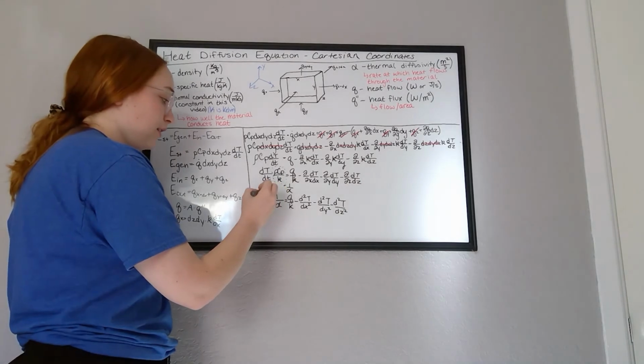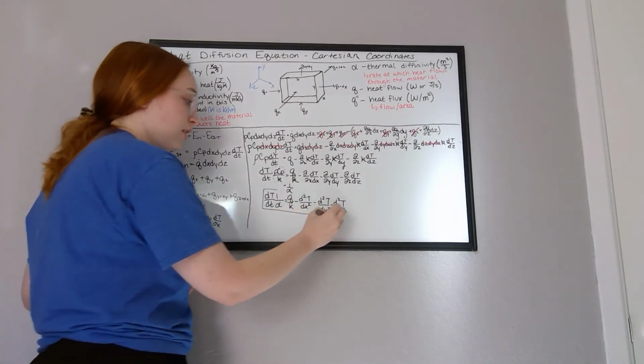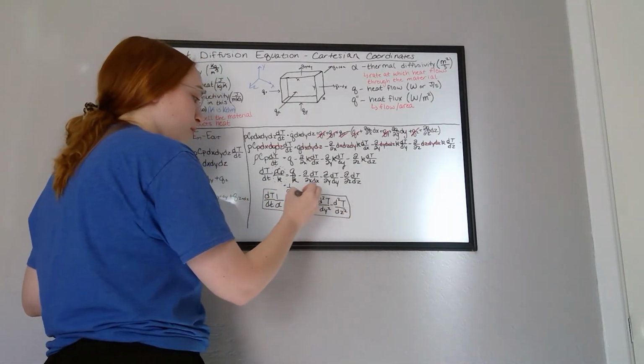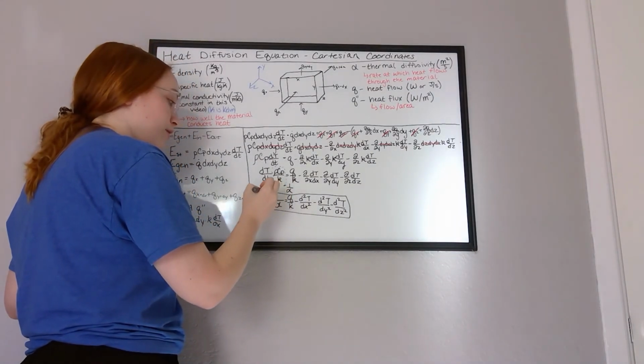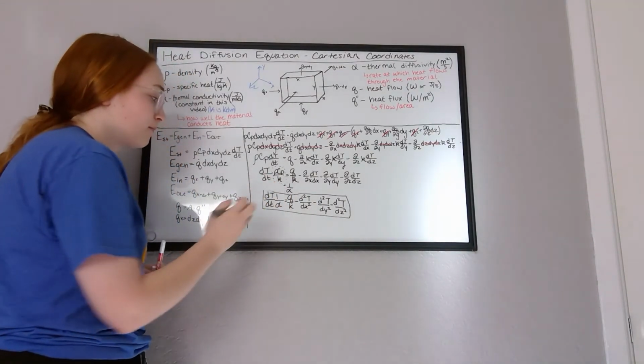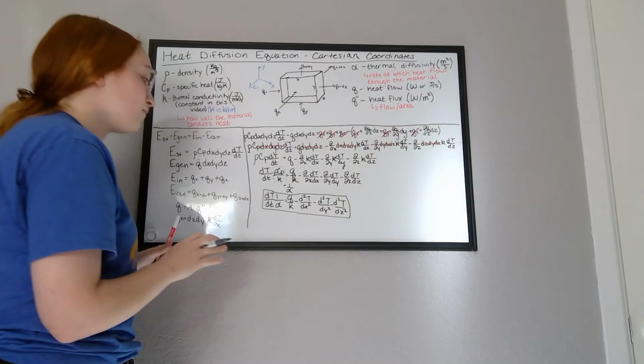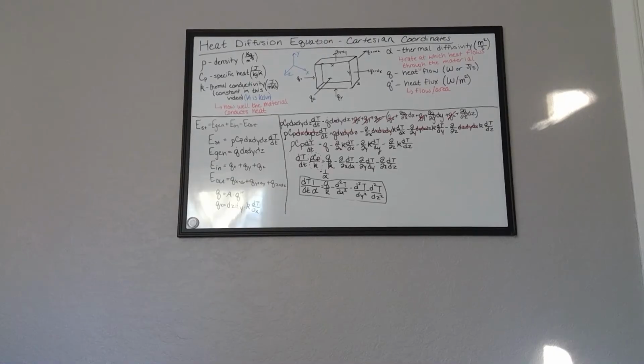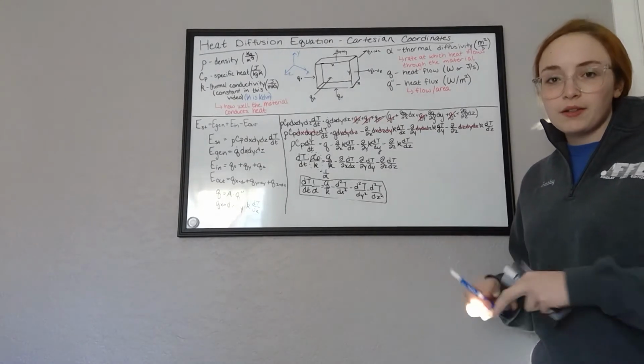This is the final heat diffusion equation for Cartesian coordinates. Let's check the units of our final equation.